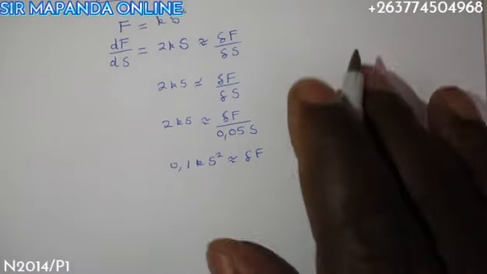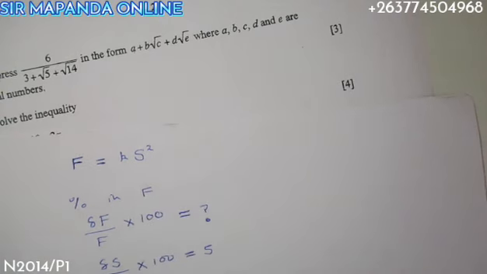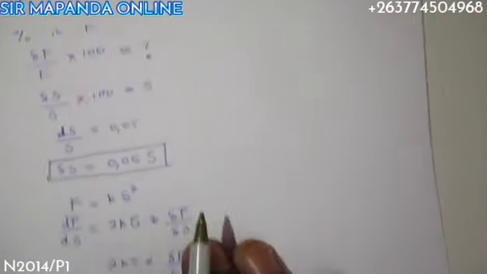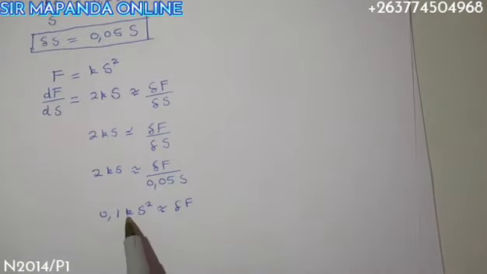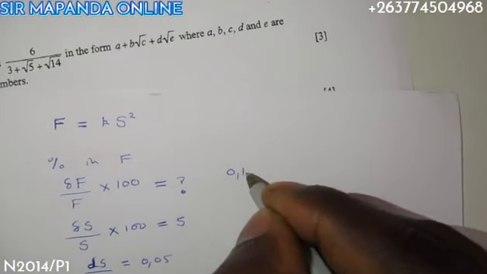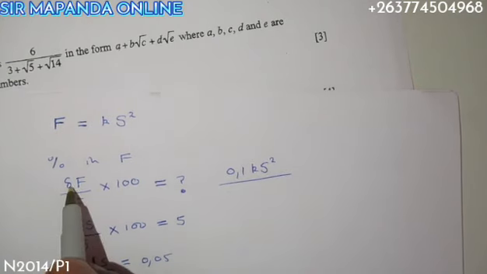Right, so remember the requirement is the percentage change in f, which is delta f over f times 100. So delta f, we found it to be 0,1 k s squared. So I'm going to write 0,1 k s squared on delta f.